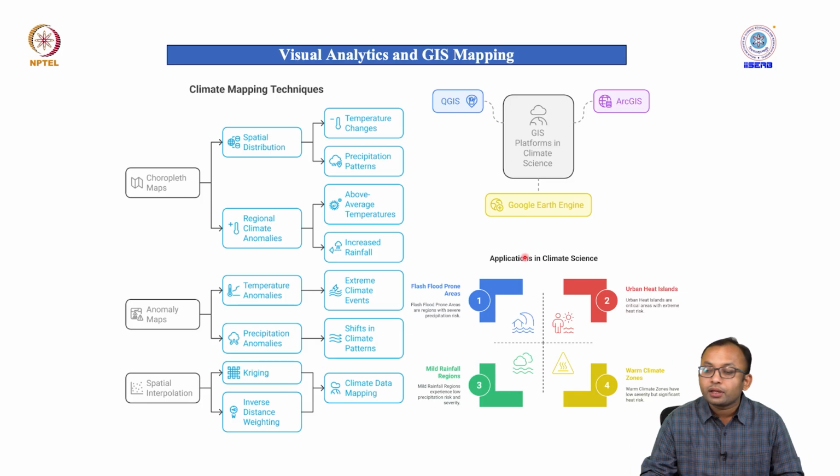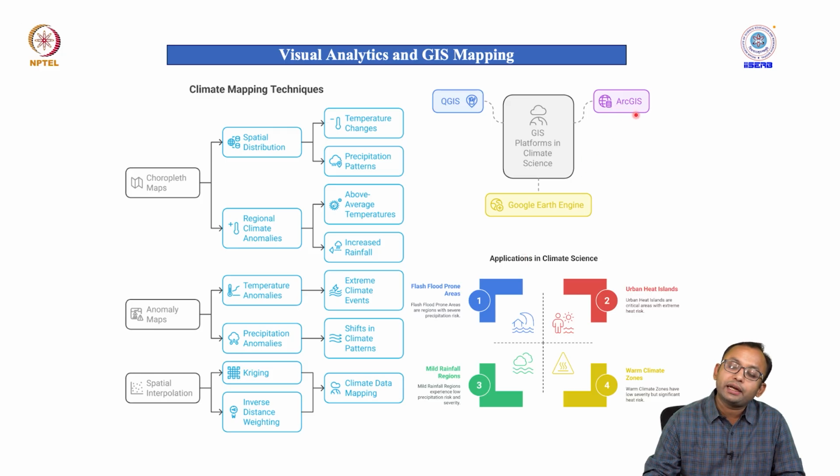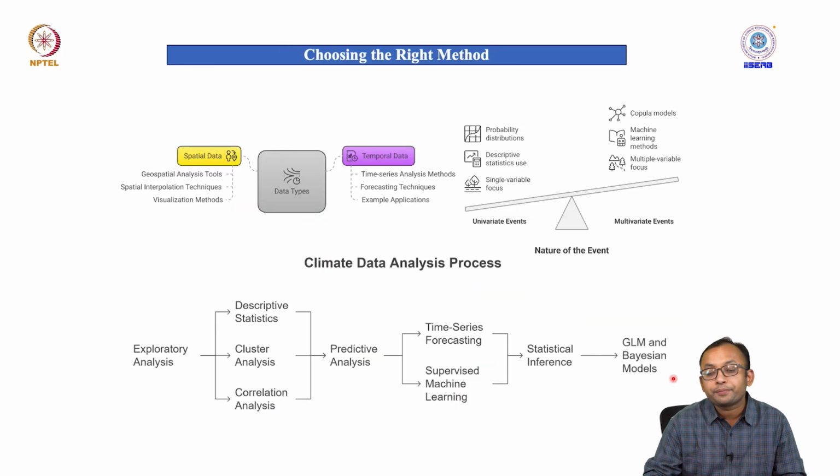How do we do this analysis? We can do it in QGIS, ArcGIS, Google Earth Engine or other GIS software. Where is the application of this area? We can do flash flood area identification, urban heat island, rainfall regions, or climate zones. How do we choose the right method?